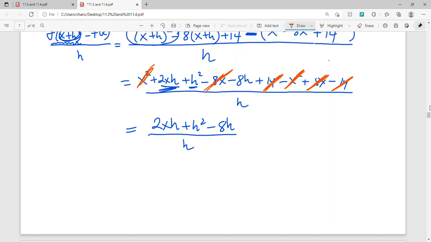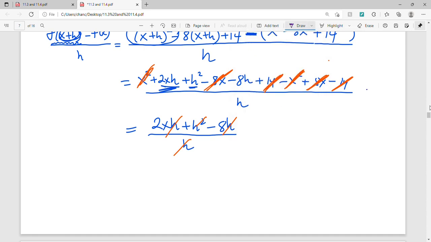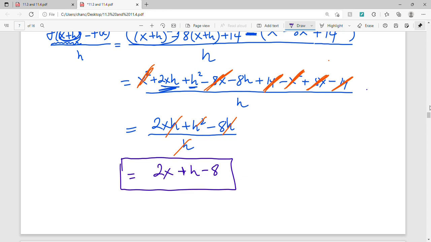We can reduce the h into all of the terms. And we can finish the problem. Our answer is now 2x. The h squared only cancels out with 1, so we just have an h left and a negative 8. So that's it. This is our finished answer for the difference quotient. It's 2x plus h minus 8.